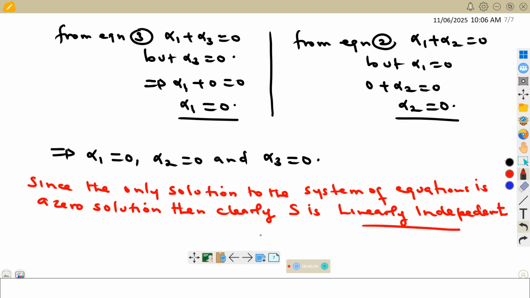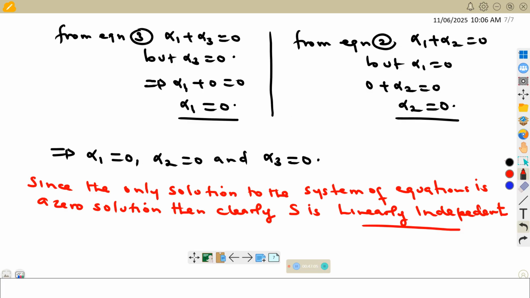So that will be our conclusion, that since the only solution to the system of equations is a zero solution, then clearly S is linearly independent. And from there you will have shown that S is a linearly independent set. But in case one of the unknowns is not equal to 0, then that one becomes linearly dependent.